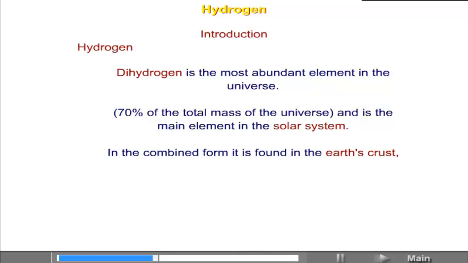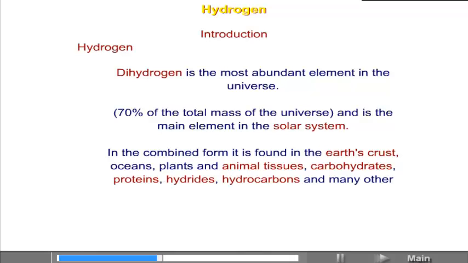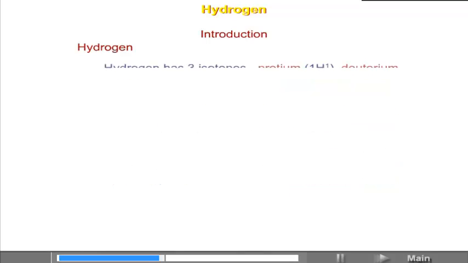In the combined form, it is found in the Earth's crust, oceans, plants and animal tissues, carbohydrates, proteins, hydrides, hydrocarbons and many other compounds.